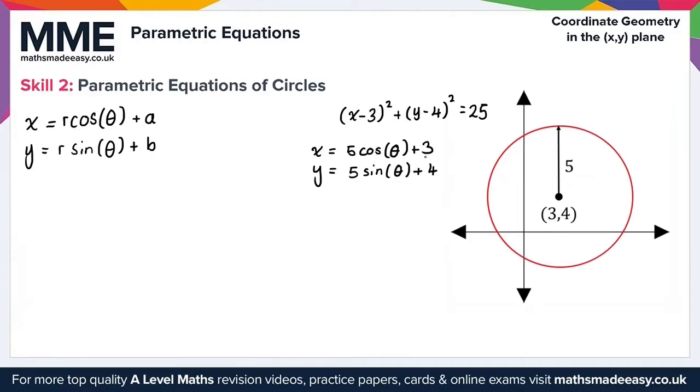We just note here, if the radius were different in the x equation and the y equation, then we would have an ellipse. So that gives us everything we need there for skill 2 on parametric equations of circles.